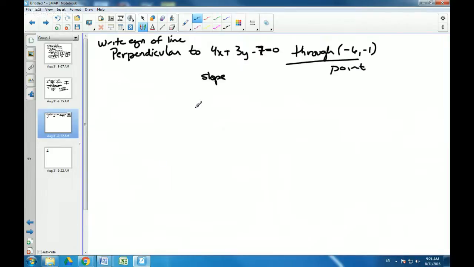What's the slope of that? Are you guessing, or did you actually count it right? It's 4/3. So I'm having trouble keeping up. 3y equals -4x plus 7.